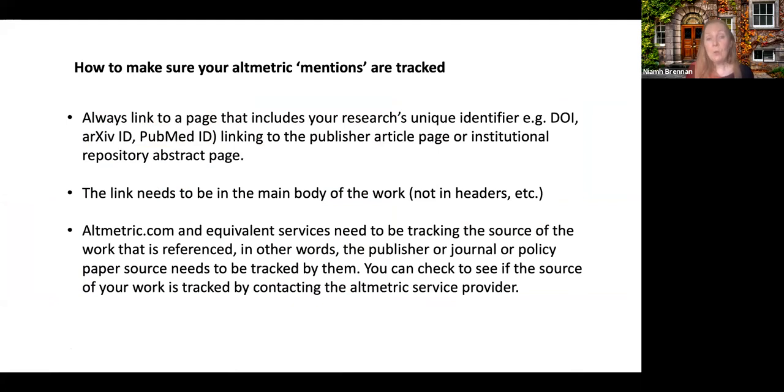And also try and work with altmetric.com, PlumX, and the equivalent services to make sure that the sources that your researchers are interested in, that they work with, that they publish in, are actually tracked by these sources. So that's really important. If they're not tracking the information, it's just the same as the Web of Science and Scopus. The coverage can provide issues, and you're going to have exactly the same problems with these new altmetric sources.